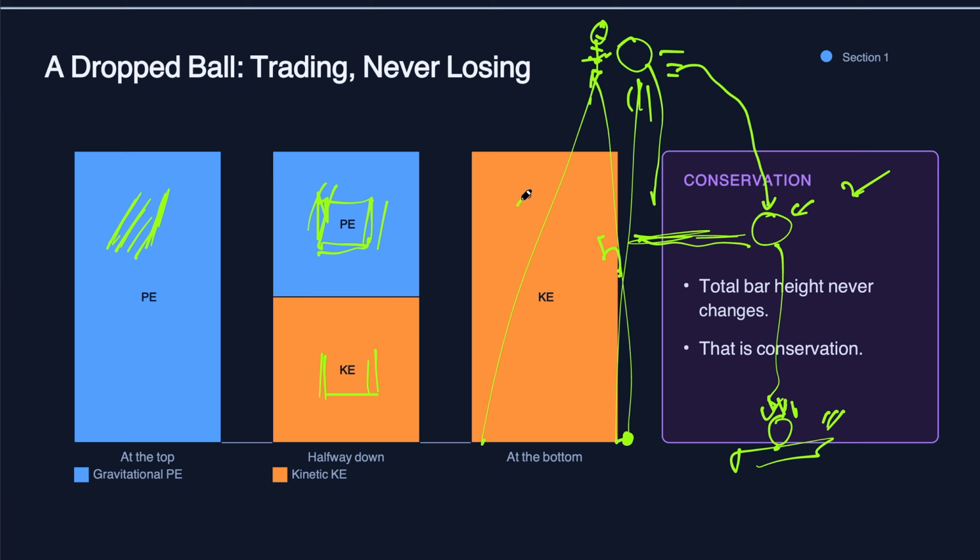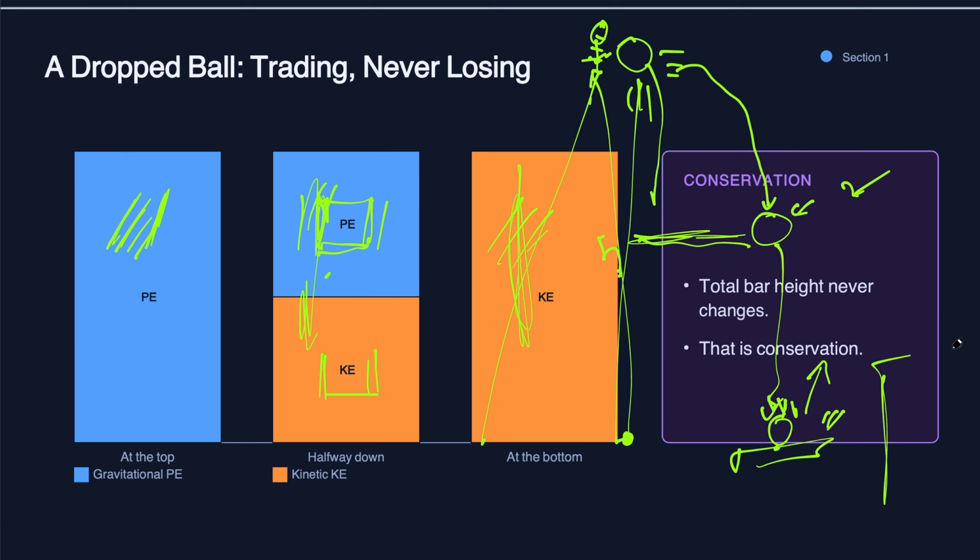It's going to be all kinetic, right? We can assume the height is basically 0. So then it would be all kinetic. So this is how the bars change here, okay? Potential, and then potential kinetic, and then kinetic energy.